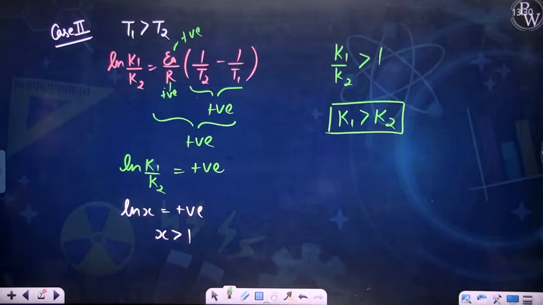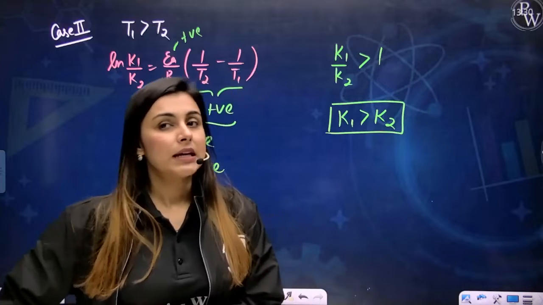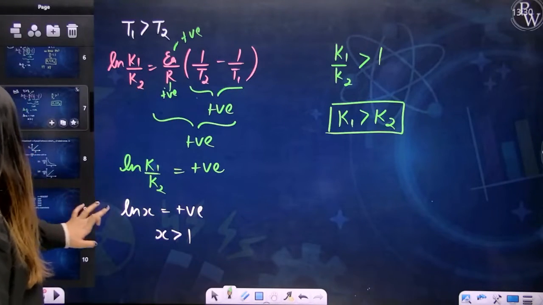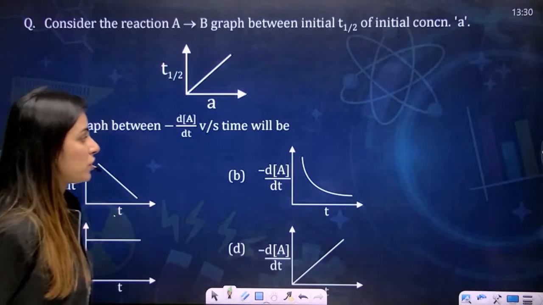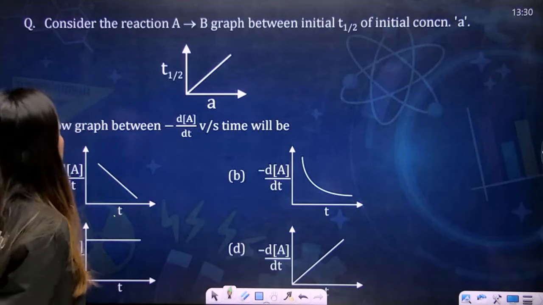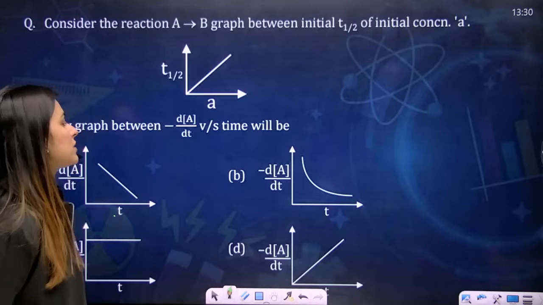Okay, so this was all about, my dear students, the Arrhenius equation. Yes, perfect. Now let's try to solve a few questions. Let's say you have this question, you have to try this question yourself. It will just revise all your topics. The question says: consider the reaction A to B, the graph between the half-life t half and the initial concentration of A is given. Then the graph between minus dA by dt versus time will be.